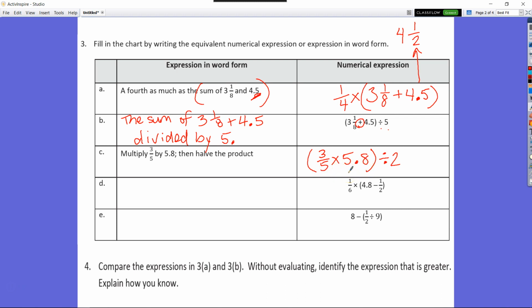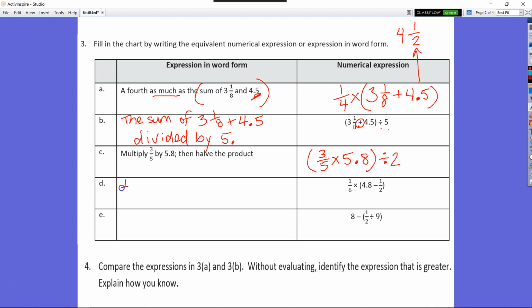All right. And this is saying 1/6 times the difference between 4 and 8/10 and 1/2. Another way to write that would be 1/6 as much as. So we can write that same way we have here. As much as is going to be our times.